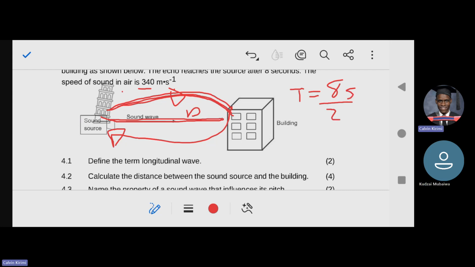By 2. That's why our time taken for this sound to reach the building is 4 seconds. Yes, it's half the time, because what is coming back now is no longer the sound from the source, it's the what? The echo. The duplicate, like what you are saying, yes.